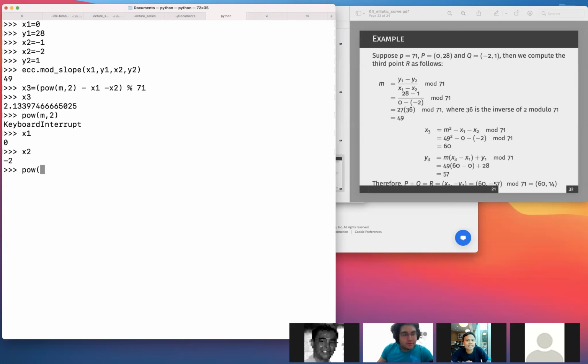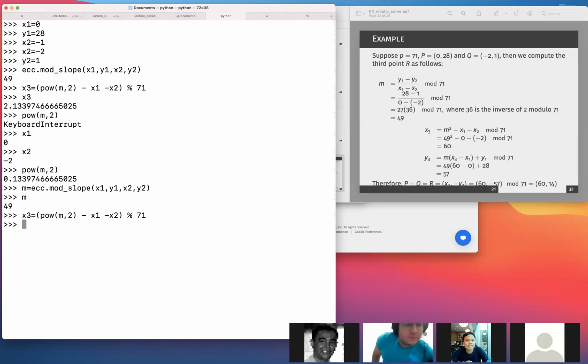Okay. What happened to my M? Oh, sorry. Yeah, you're right, maybe it's not returning as M equals 49. I always get this error because I always fail to assign values to variables. Every programmer experiences that. Yeah, I understand.